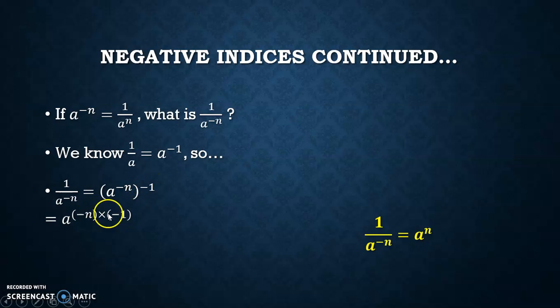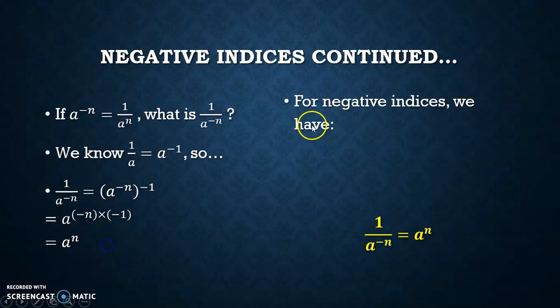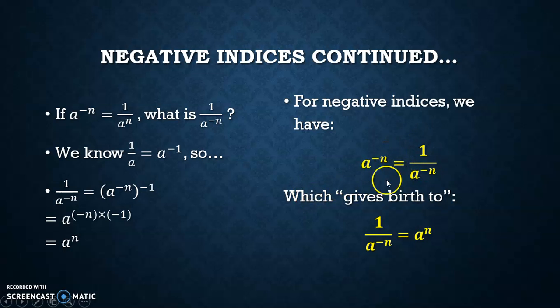So negative n times negative 1 equals a to the power of n. So for negative indices, we have the basic one: a to the power of negative n equals 1 over a to the power of n. There shouldn't be a negative sign here. And that also gives birth to this expression.